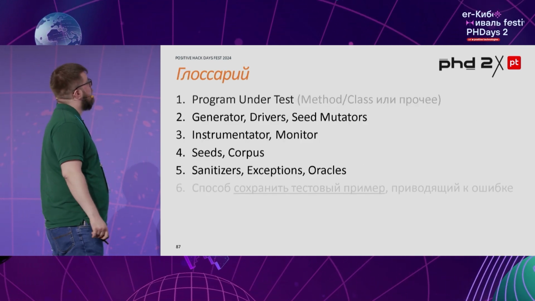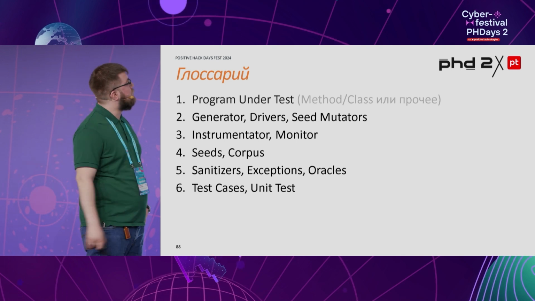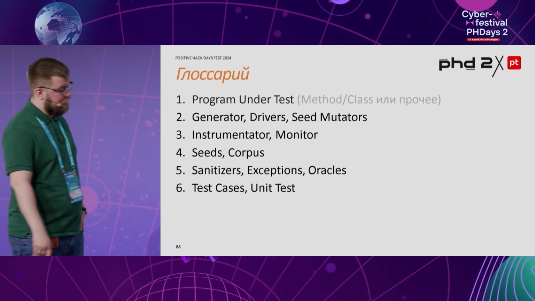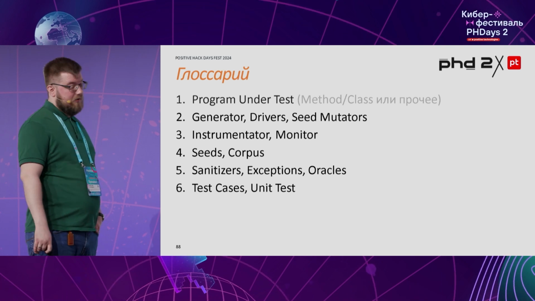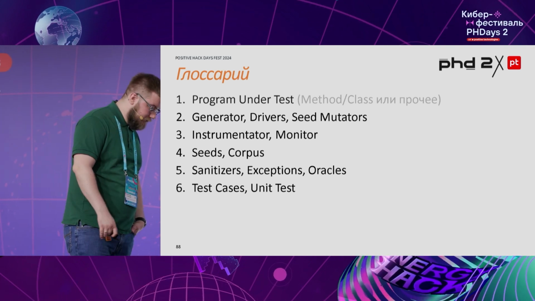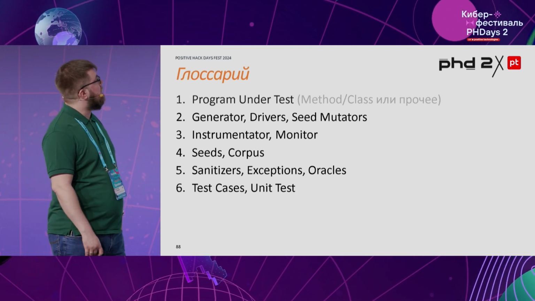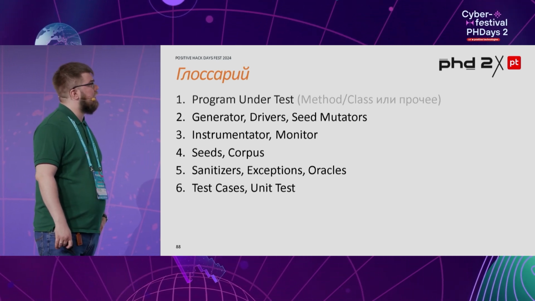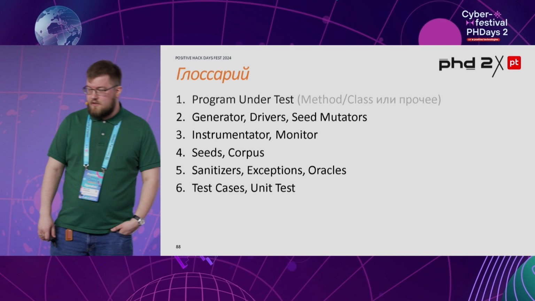Every one of the bullets has its own name. So what do we track? A program under test, method, class, and the like. Articles usually use one of these names. The next one is what generates the values.